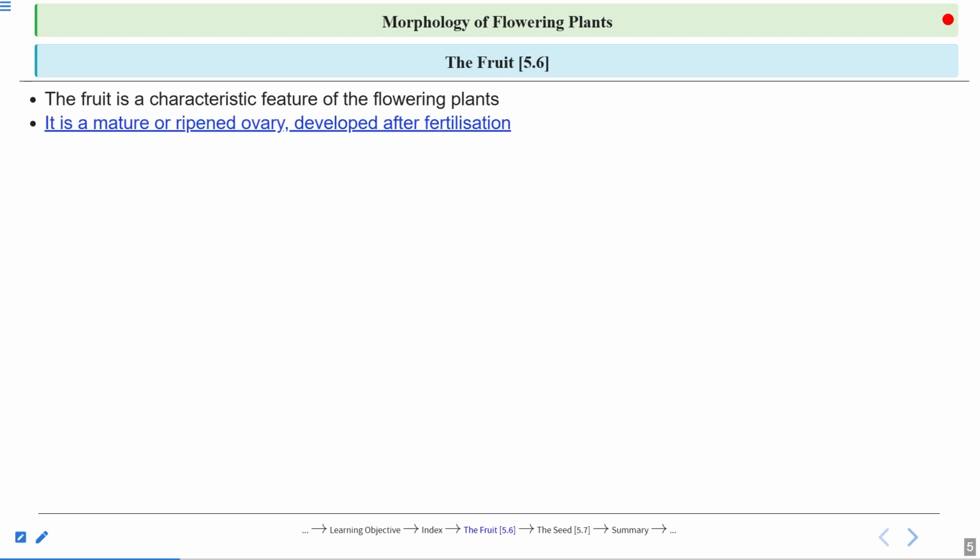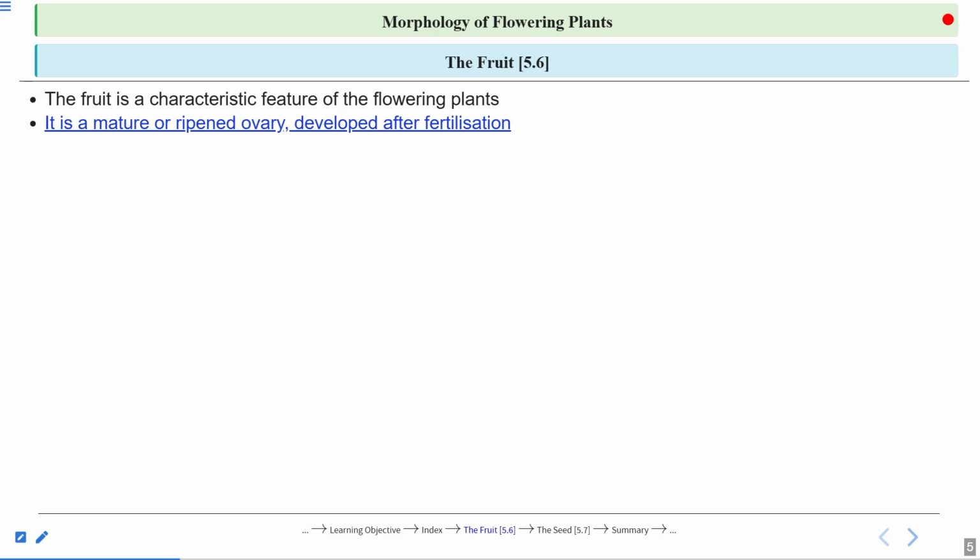The fruit is a mature or ripened ovary developed after fertilization. So what happens after fertilization? What are the changes we see in the flower? First of all, after fertilization, the flower withers away.